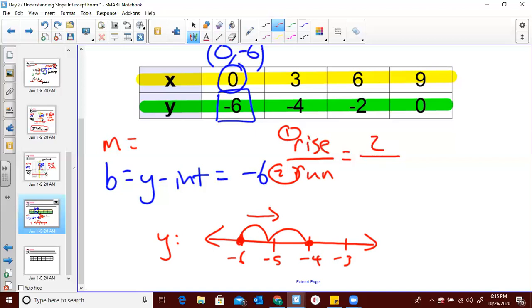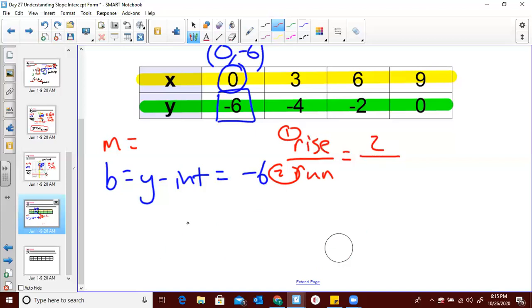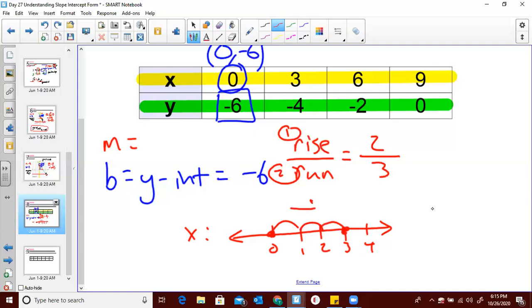All right, so if I wanted to do run, again, I would have a number line. We're going to start at 0 with 1, 2, 3, and then just because we can, we'll go to 4. So we have 0, and we want to get to 3. All right, so we're going to go 1, 2, 3. So it's going to be 3, and we're going to the right, which means it's going to be positive.